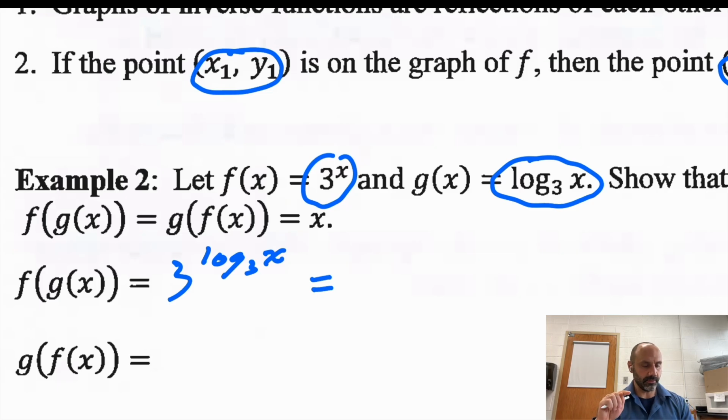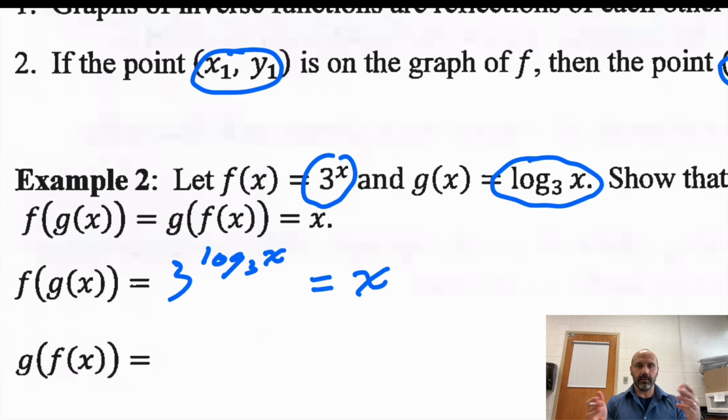Because I'm always asking, 3 to the what power will give me the thing that's in there? So 3 to what power will give me x? And notice that 3 is to that power. So 3 to the power that would give me x is going to just give me x.